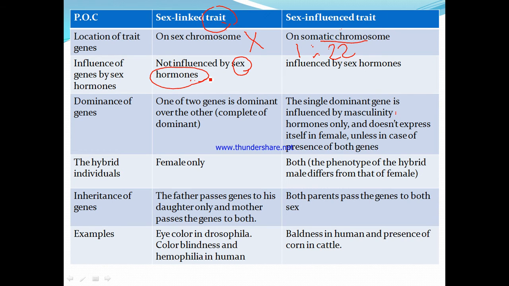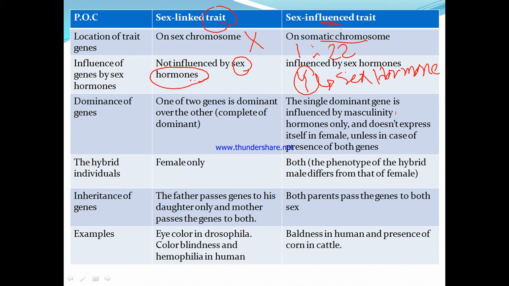It is also not affected by the presence of testosterone or masculinity hormone. Testosterone is a male hormone. But the sex-influenced trait is affected by the Y chromosome, which gives the sex hormone. The appearance of the influenced trait is affected by Y, by the way, which gives the sex hormone.